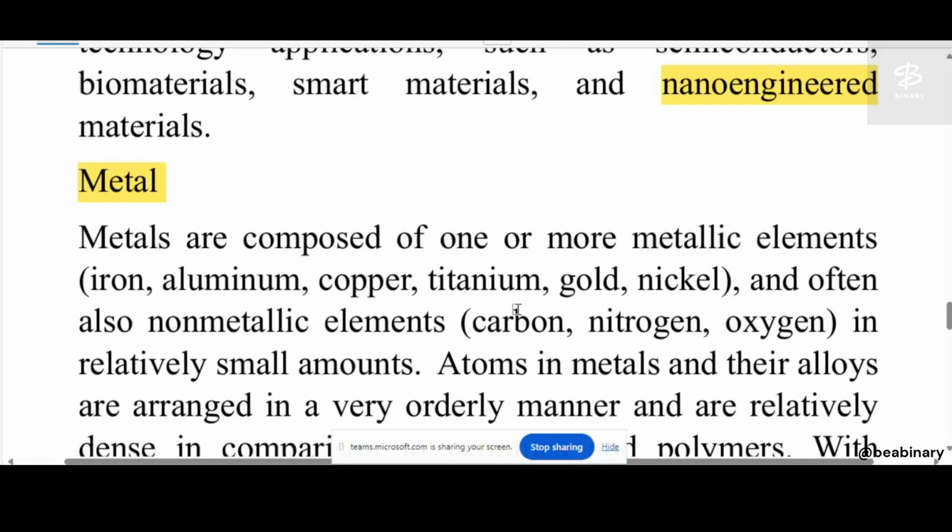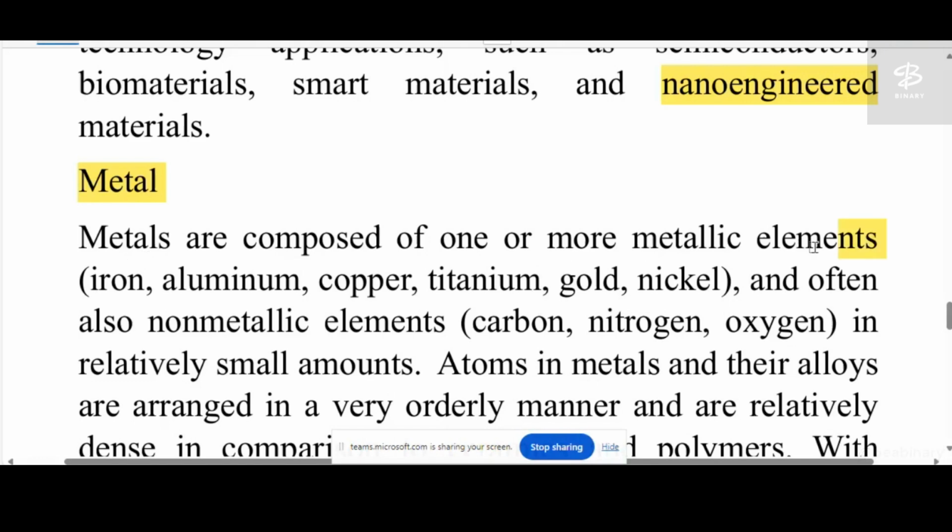You have all seen the periodic table, right? The table contains the names of elements. So metals are composed of one or more metallic atoms.